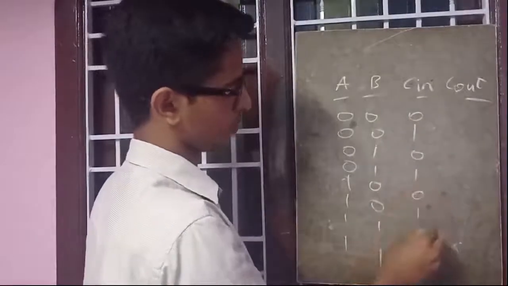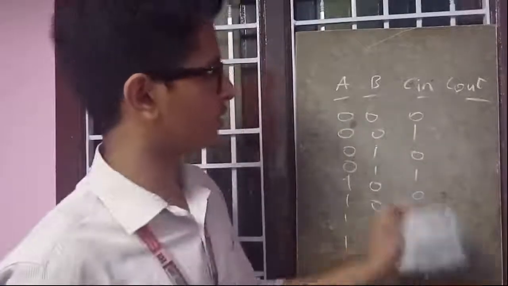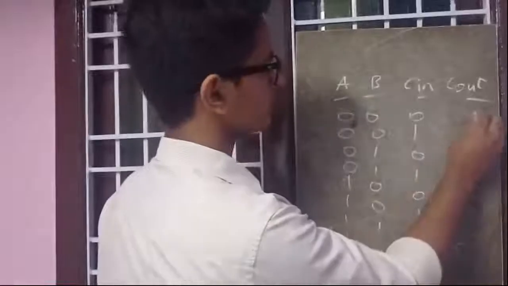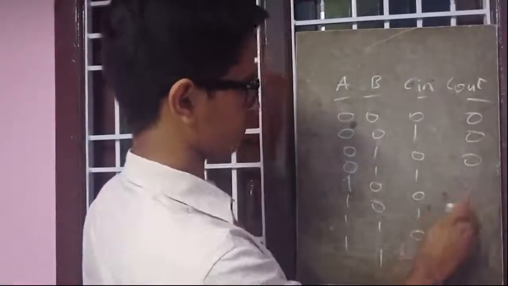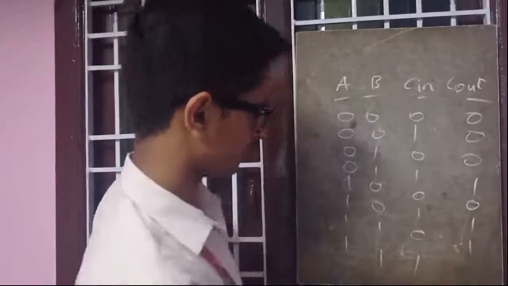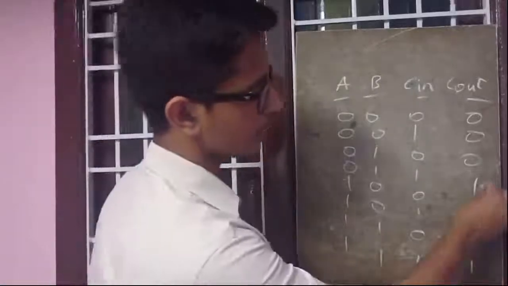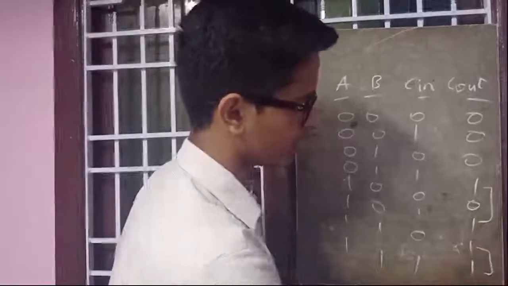Based on these three inputs, we get the carry output, C out. Here it is 0, 0, 0, 1, 0, 1, 1. Let us consider these two as case 1 and these two as case 2.